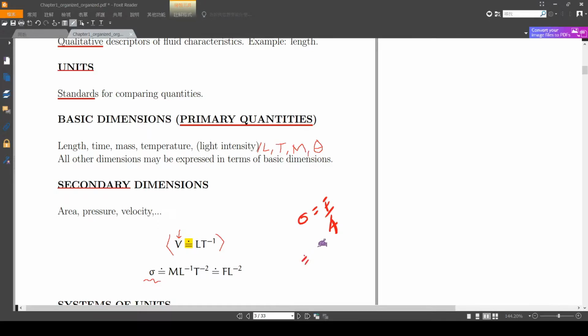The dimension of the stress is equal to the force, and the dimension of the area is equal to the length squared. Therefore, this is equal to force times length to the minus 2, right? And this part we will introduce later.